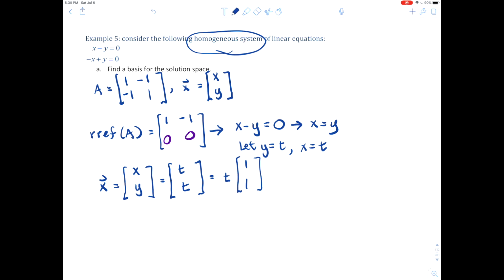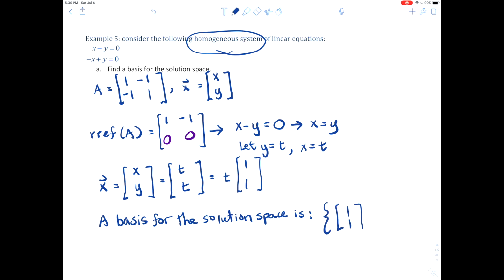Cool so far? So a basis for the solution space is what? Is just going to be 1, 1, because I let t equal to 1 there.